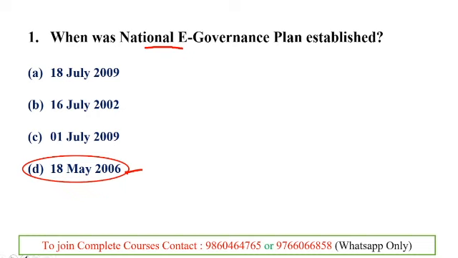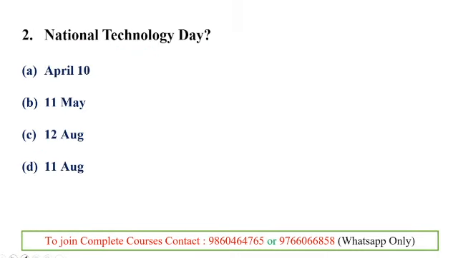Okay, then National Technology Day. You can surely get a question in your exam for match the following on various days like environment, technology, etc. So you must remember the important date: National Technology Day is on 11th May.